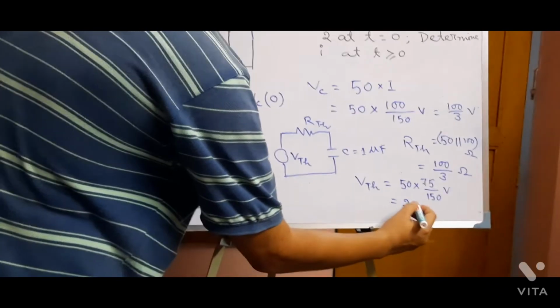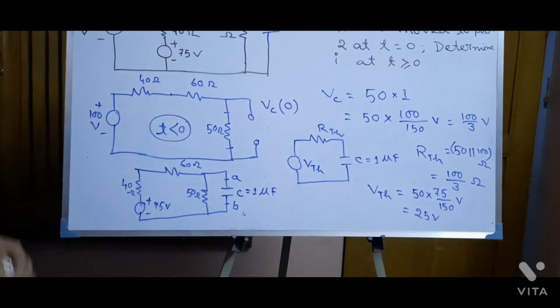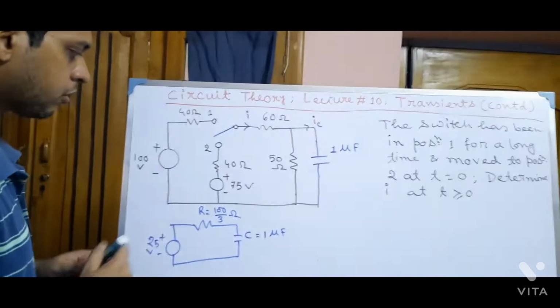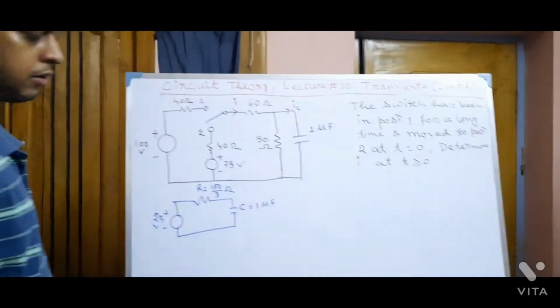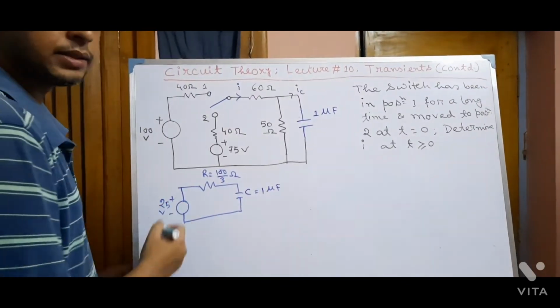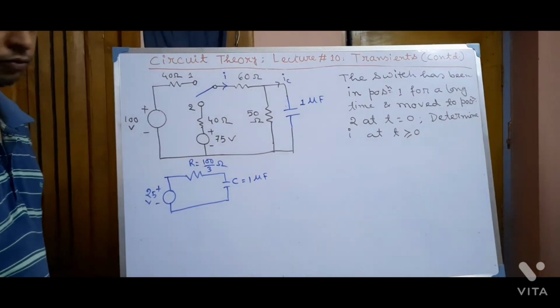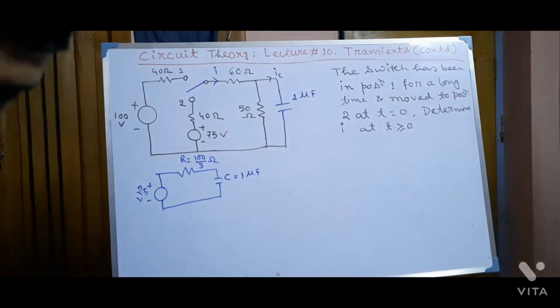This was 25 volt. Okay. I have just redrawn the RC series circuit and replaced the VTH and RTH by the exact values. VTH was 25 volt and RTH was 100 by 3 ohm.